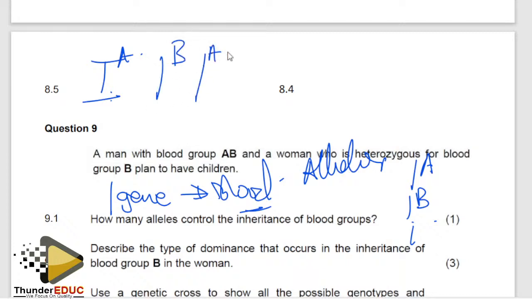Don't put them in italics. Don't write allele for O like that; we will cross it. I is supposed to be like that. So allele for A, allele for B, and allele for O. So there are 3 alleles.